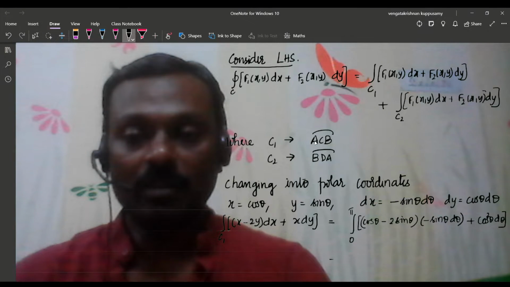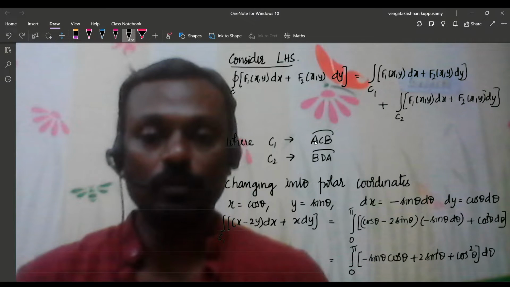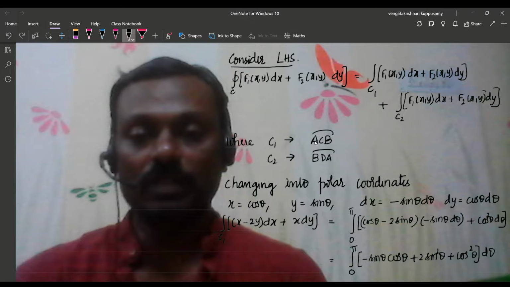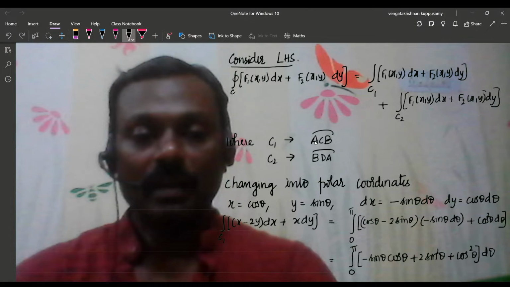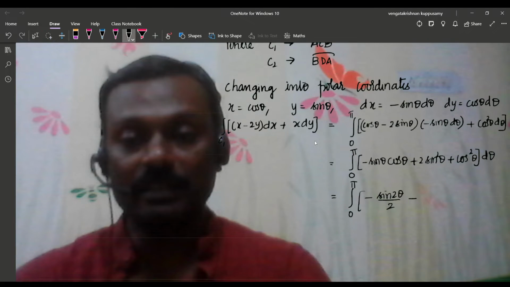So making all the substitutions and opening up the brackets, we get minus the integral over 0 to pi of (minus sin theta cos theta plus 2 sin squared theta plus cos squared theta) d theta. And this could be further reduced using the trigonometric identities.